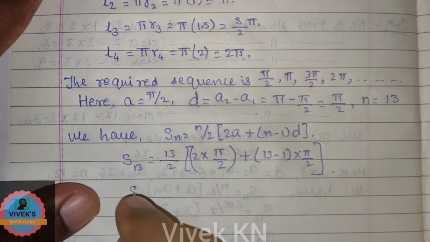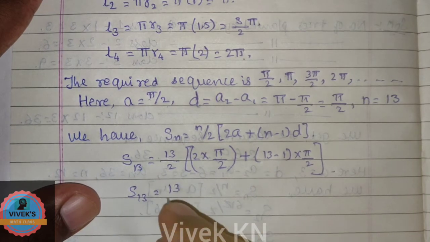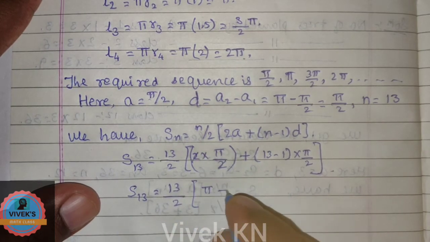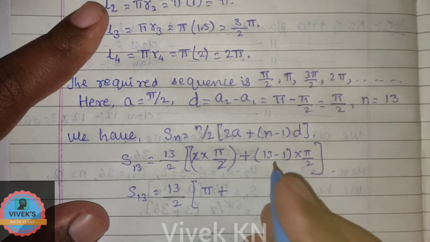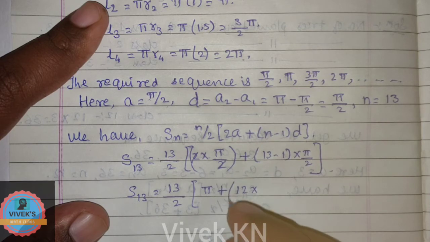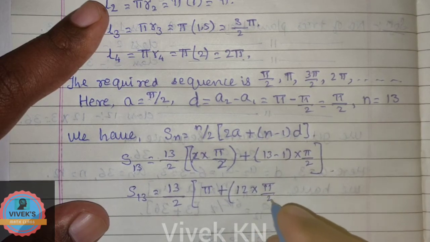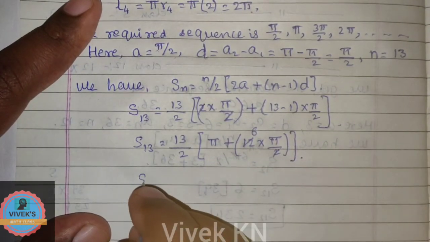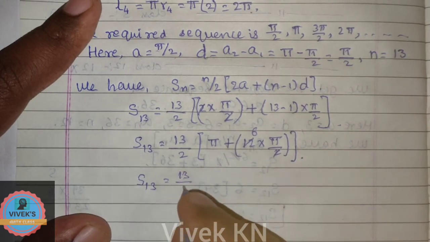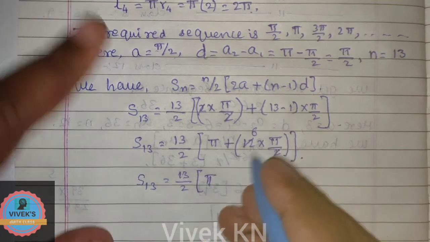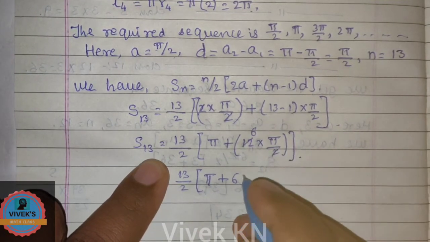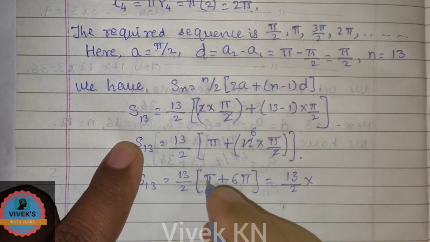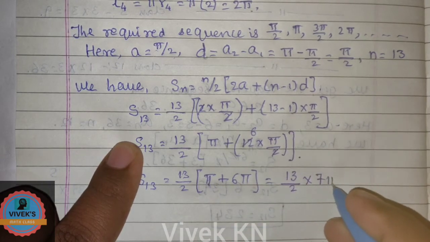That is S13 is equal to 13 by 2 into, the 2 gets cancelled, and the remaining is pi plus 13 minus 1, which is 12, into pi by 2. 2 ones are 2, 6 twos are 12, that is S13 is equal to 13 by 2 into pi plus 6 pi, which is equal to 13 by 2 into 7 pi.